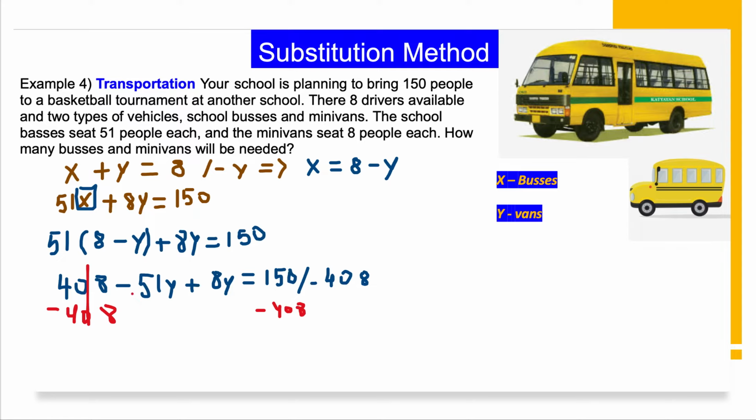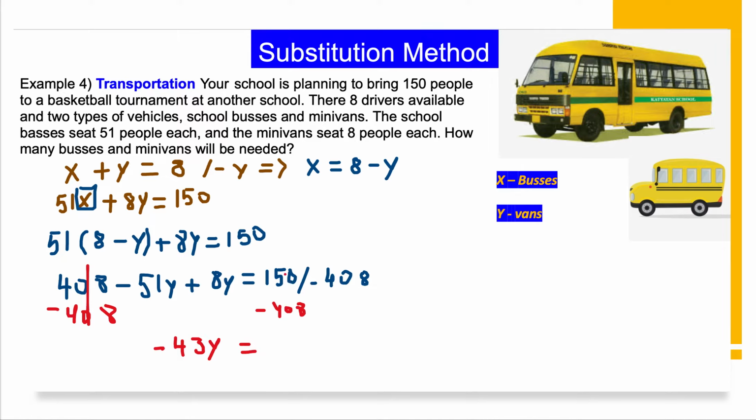And here what I can use, minus 51y plus 8y is going to be minus 43y. Okay, and this is done in this part. I am done with these y's, and this is equal.